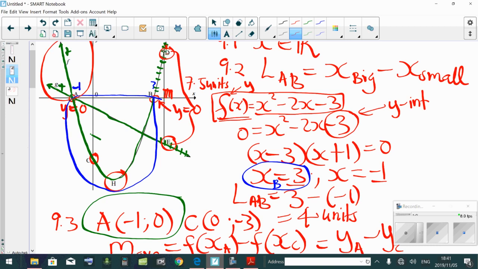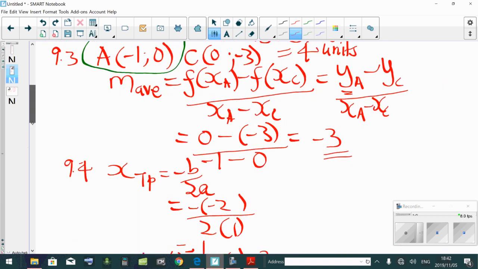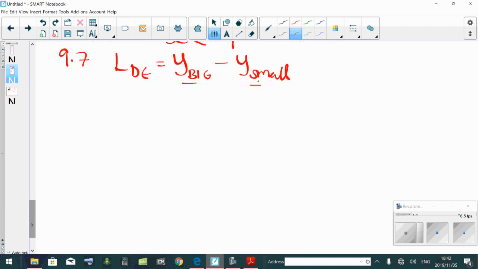So to find the length of DE, we basically need to subtract the two graphs. f minus g.